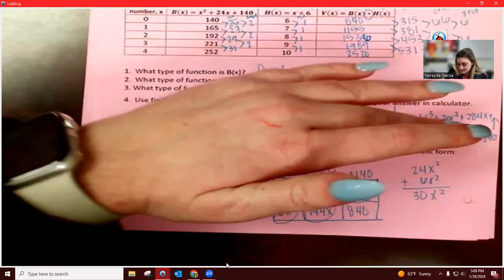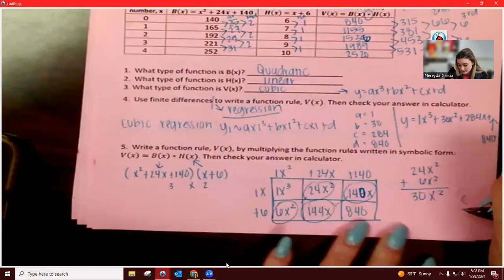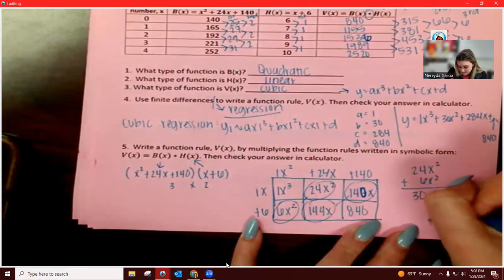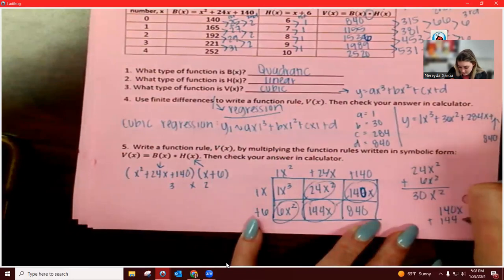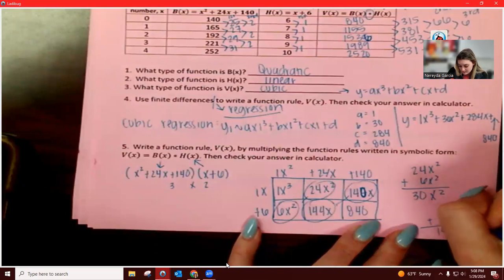Then I'm going to hop over to the side and say, I also need to do 140x plus 144x. Dropping my common term of x, my 140 plus 144 is 284, sorry.